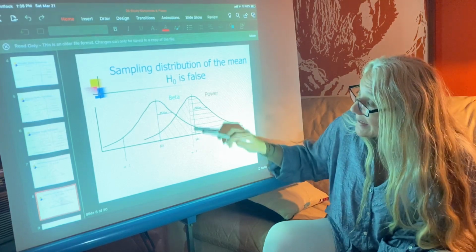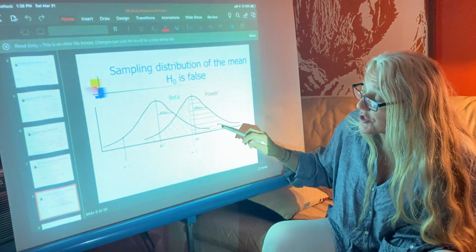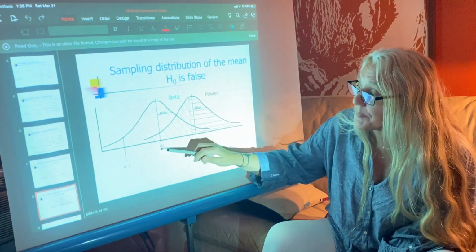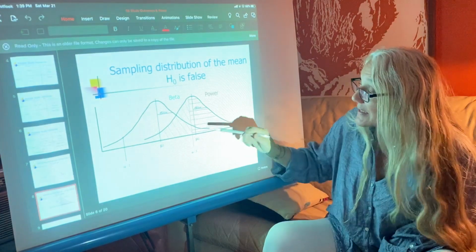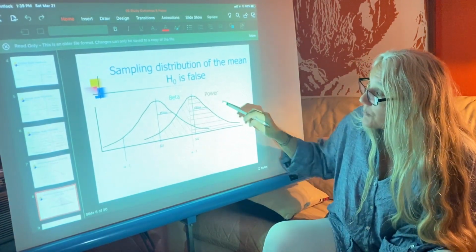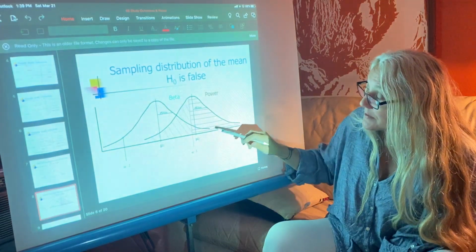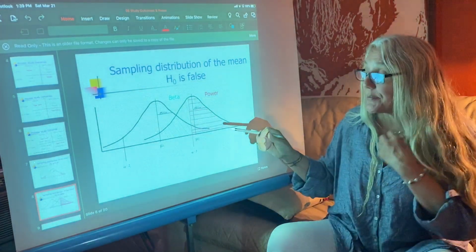But if I get a sample mean out here past this critical value from distribution 2, and I compare it to mu from distribution 1, I'll reject the null every time because it's beyond the critical value. And more than half of this distribution is beyond the critical value. So I have more than a 50% chance.